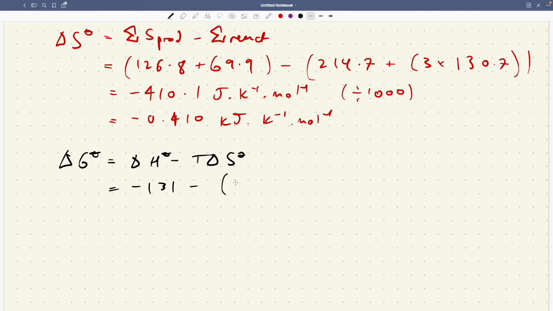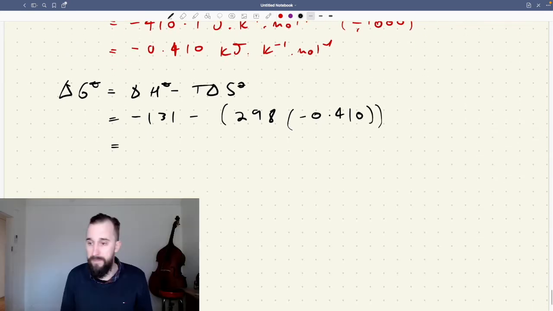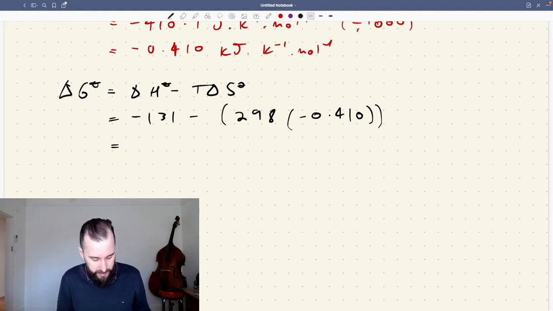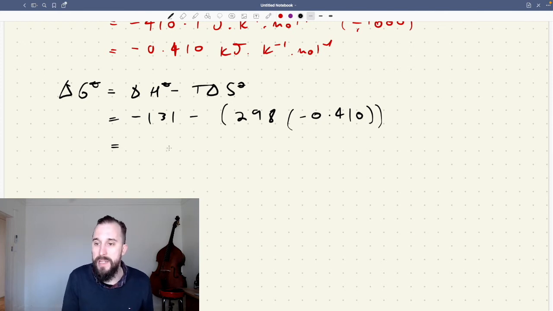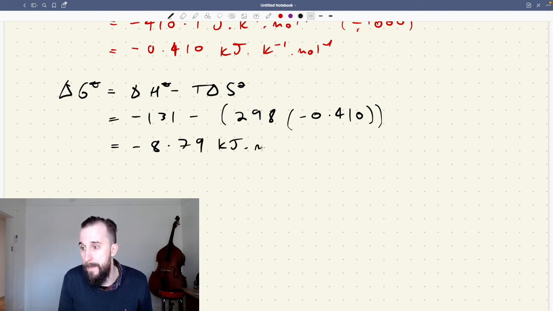We're going to subtract the temperature, which is 298, we're at standard conditions, and then we've calculated an entropy change. Once again, back to our old friend. Plug all that in: minus 131, minus 298 times minus 0.410, that gives us a delta G, Gibbs free energy, of minus 8.79 kilojoules per mole, like that.